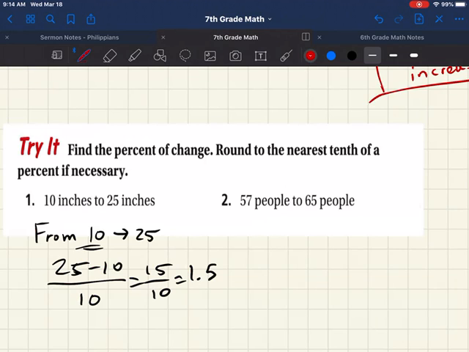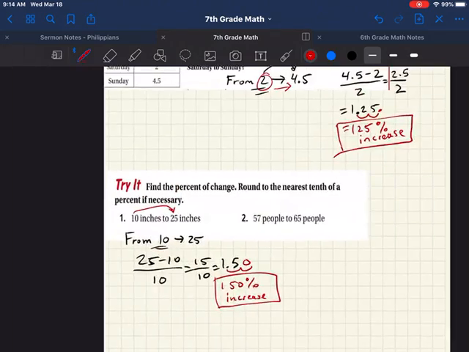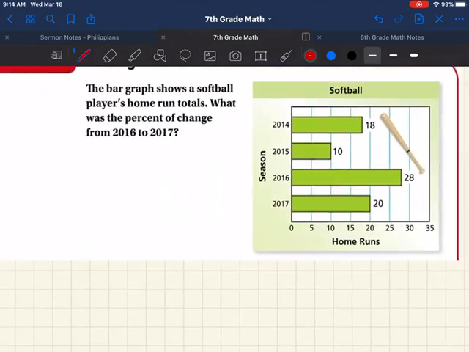Now we move my decimal, 1, 2, and I get 150%, and it is an increase. This is obviously an increase because it says find the percent increase, but you always want to take a second and look at the two numbers, and we obviously increased from 10 to 25.